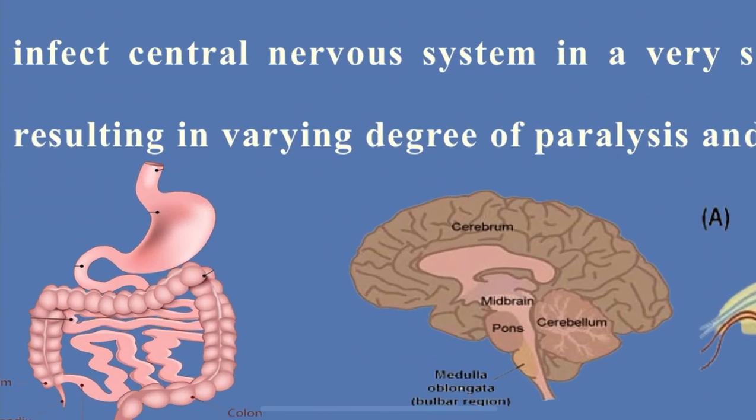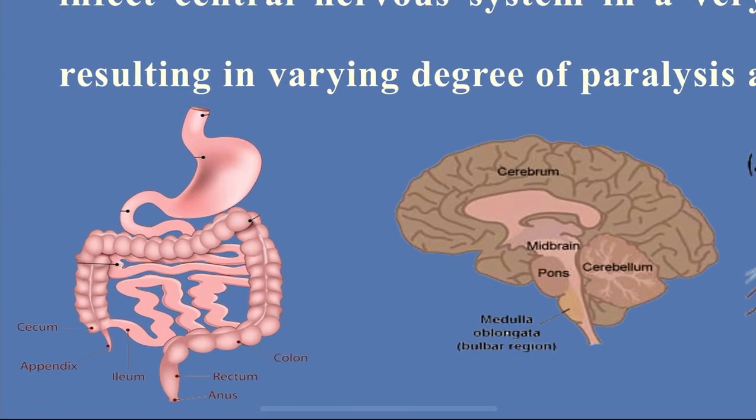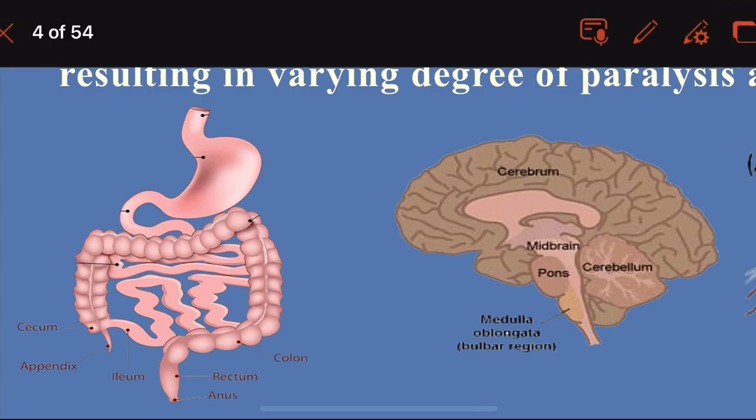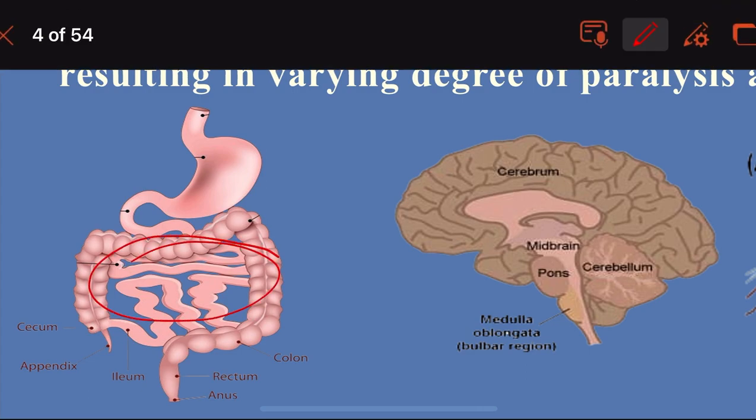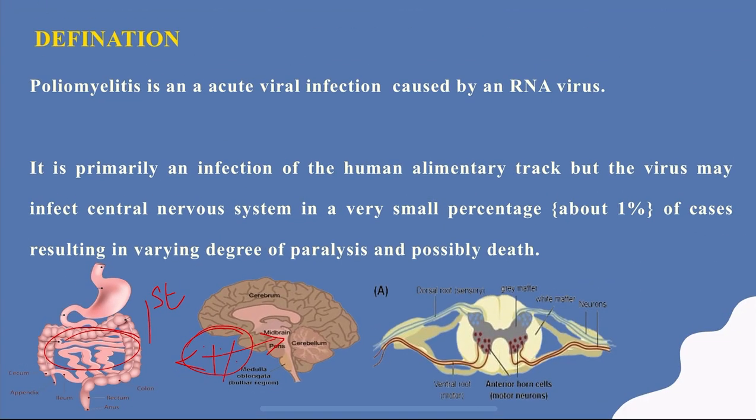So primarily, where does the virus act? It will act upon the GIT, especially the epithelial cells of the intestines in the first place. In less than 1% of individuals, it is going to affect the central nervous system, resulting in varying degrees of paralysis and possibly death.